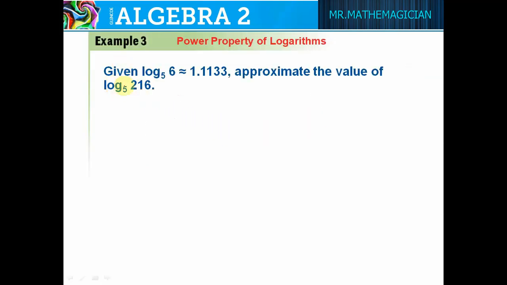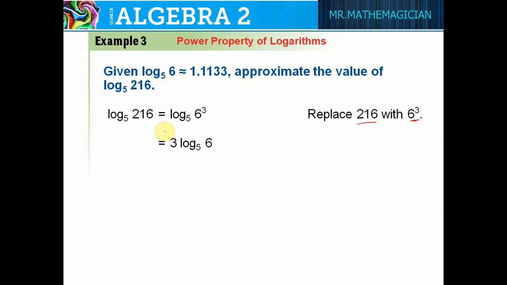Now, example: given log 6 base 5 is approximately 1.1133, approximate the value of log 216 base 5. 216 can be expressed as 6 to the power of 3, and we will use the power property to get this 3 in front of log.